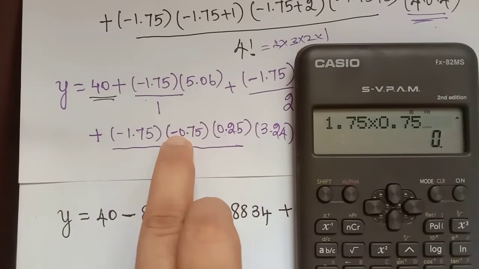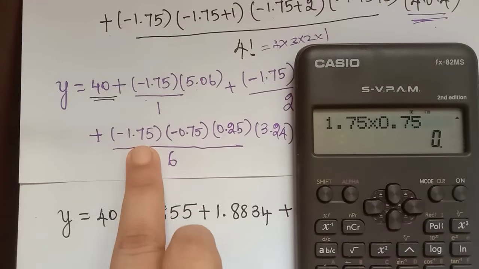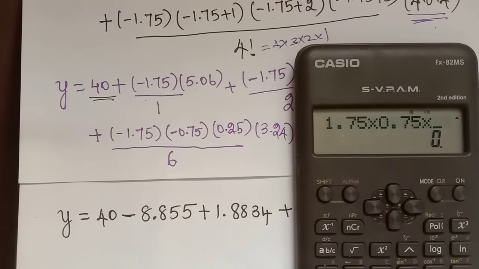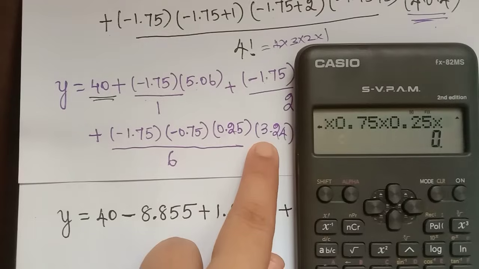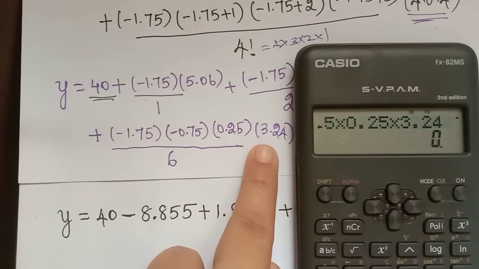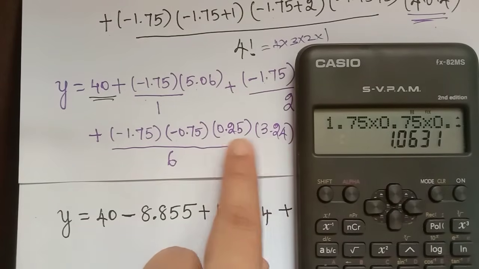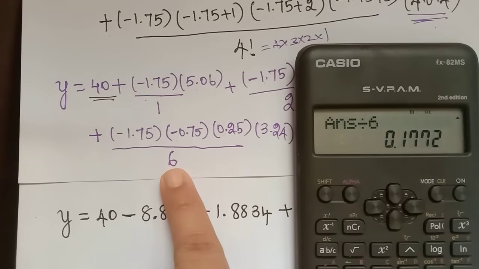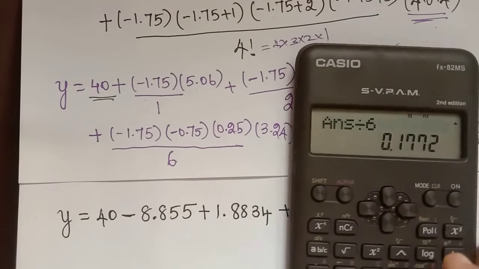Don't worry about this negative sign because already we have calculated and we have written. So think only about the numbers. So 1.75 multiplied with 0.75 multiplied with this term, that is 0.25. So 0.25 multiplied with 3.24, and that is equal to 1.0631, and this whole thing has to be divided by 6. So divided by 6 is equal to 0.1772.